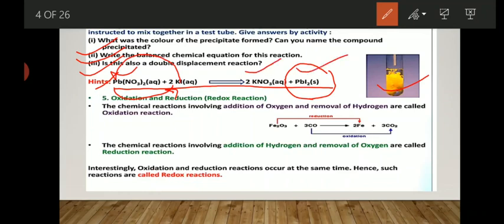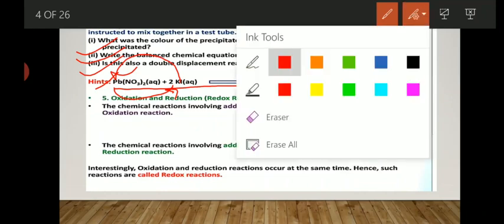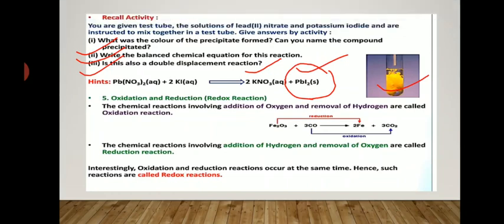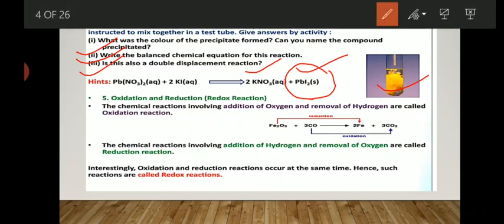Now let's study one more type of chemical reaction, or basically a process, that is oxidation and reduction. In simple language, when both processes take place simultaneously, that comes in the category of redox reaction. So let's start.